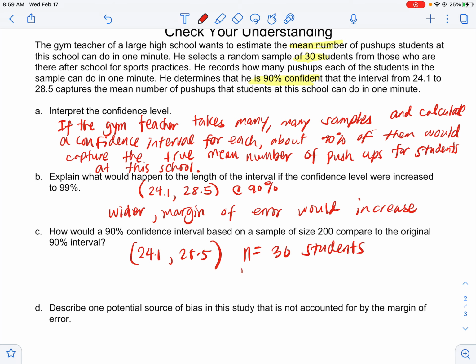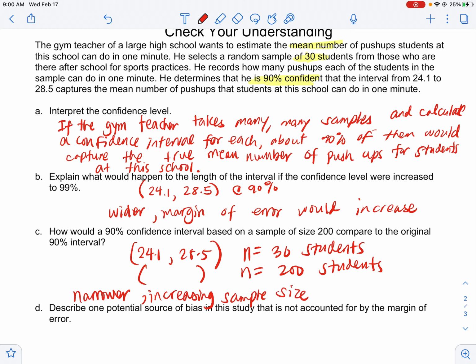What happens to the interval if I do n equals 200 students? So technically, what happens to the interval if I increase the sample size? And we know that when we increase the sample size, the interval gets narrower because increasing sample size, hope this is making sense, decreases margin of error.